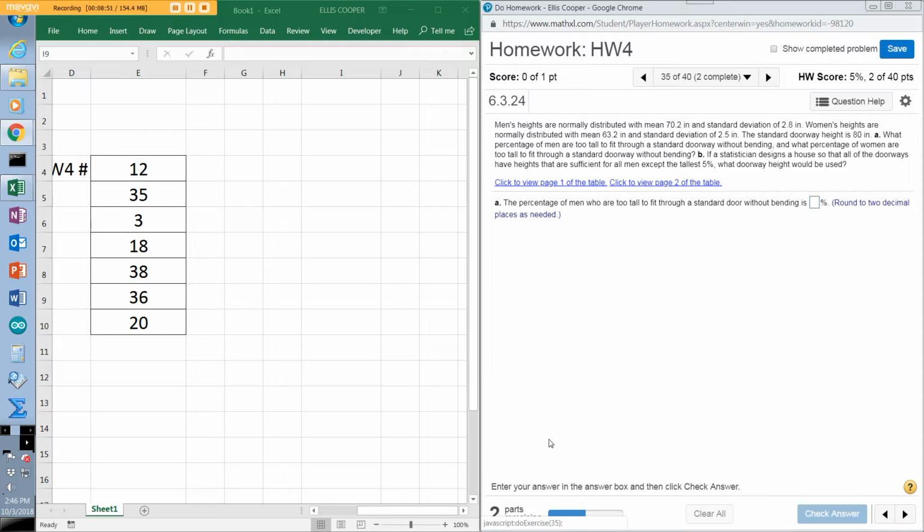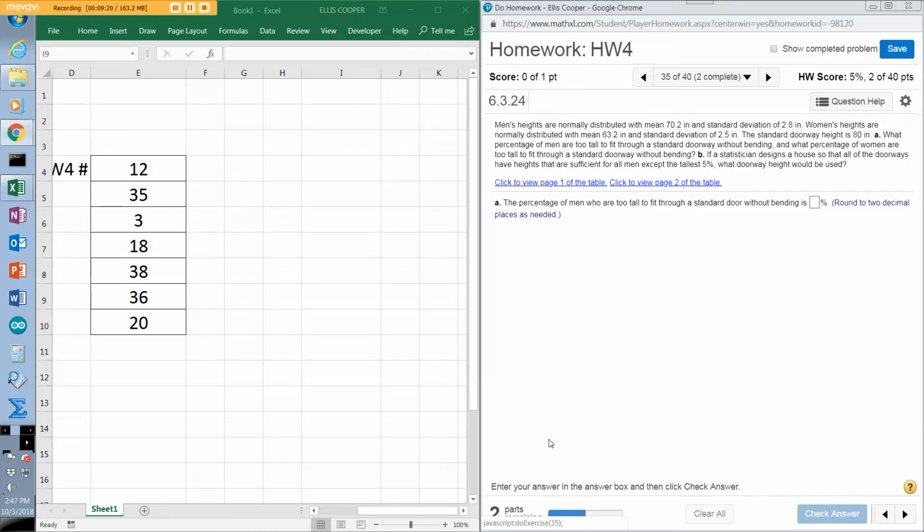Okay, so hold on a second. Let's just deal with that one sentence, because those are the 2 numbers you need for a general normal probability distribution. We have the mean and the standard deviation, so that's one curve. Then they tell us women's heights have a mean of 63.2 inches and a standard deviation of 2.5 inches. So that's another picture. We've got 2 pictures going on at the same time. One for men, one for women.